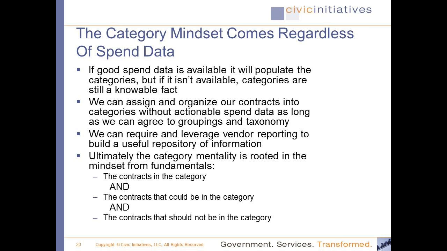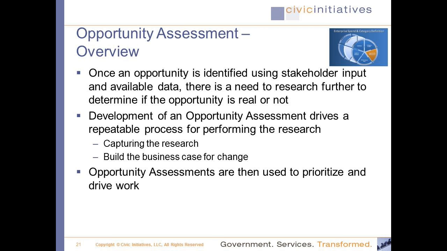Okay? So that was category profile, building a profile in a category. Then opportunity assessment. Once we identify an opportunity, and we can use vendor and stakeholder input and available data, then we need to research whether that opportunity is real or not.